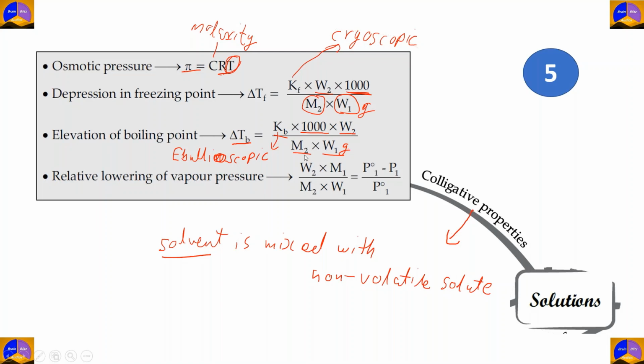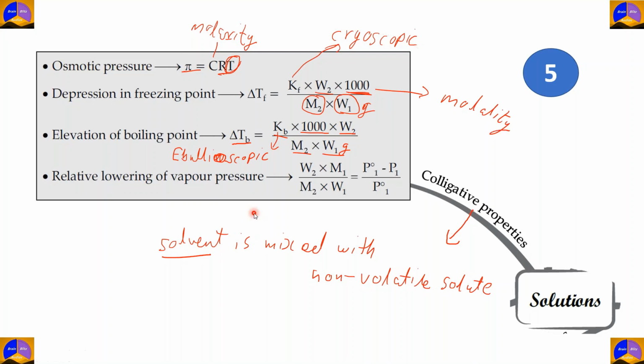M2 stands for molar mass of the solute, and W2 stands for given weight of the solute. Now, note that W2 divided by M2 into W1 into 1000 is equal to the molality of the solution.